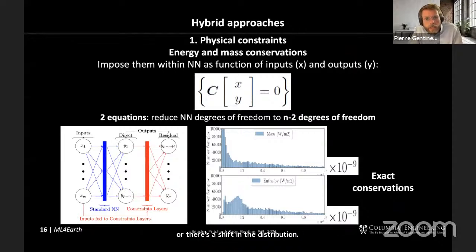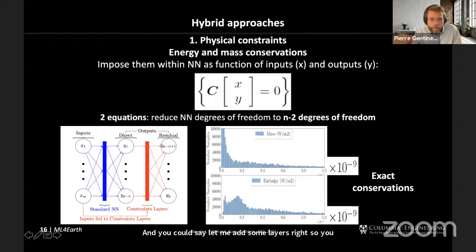So the first thing we can do is try to constrain some of the physics. We have some physical laws like energy and mass conservation, and we could directly bake them into an algorithm. You could take your network, which is here in blue, and add some layers, some hidden layers, and every additional layer will be a conservation law.